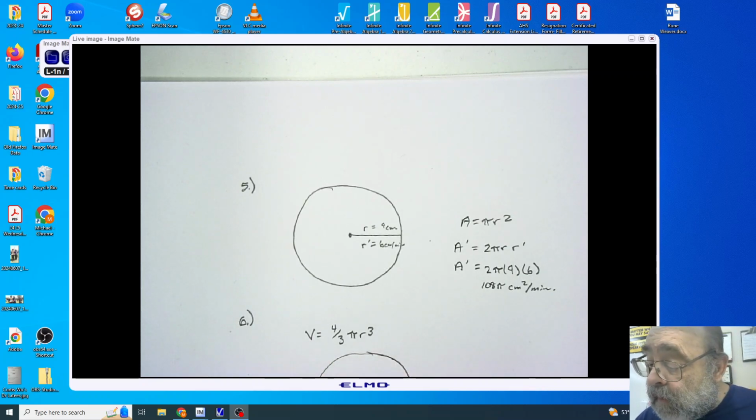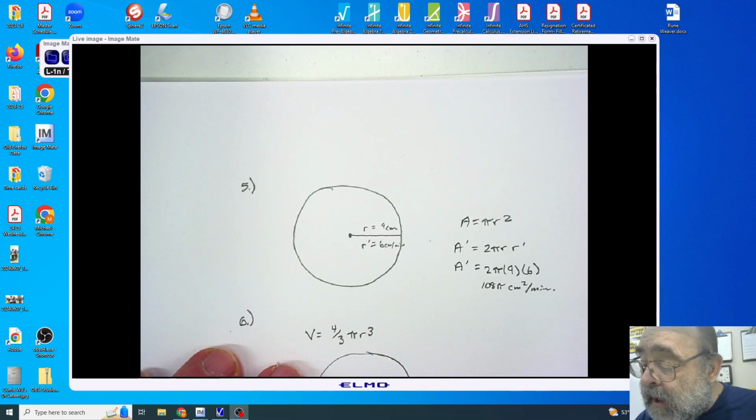Putting this into our formula to find out the rate of change in the volume gives me V prime equals 4 pi r squared r prime. I'm now going to plug in my information, 4 pi times 4 squared times 4. And then I end up with V prime equaling 16 squared pi.